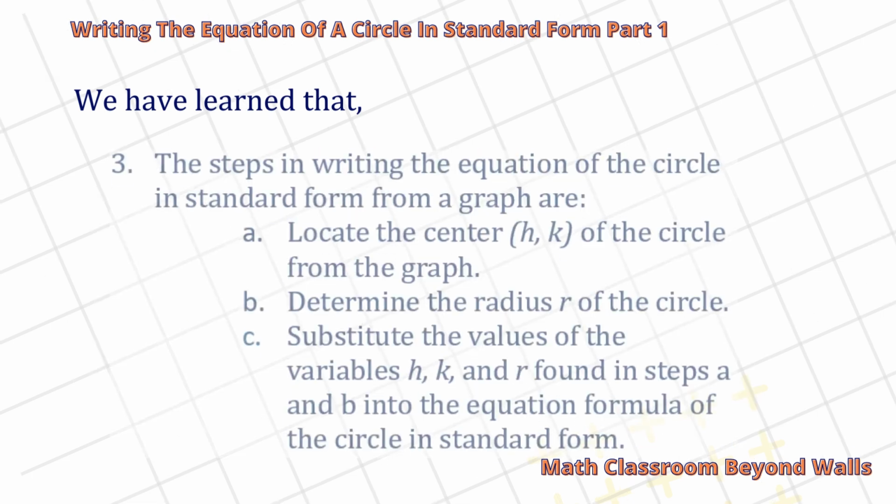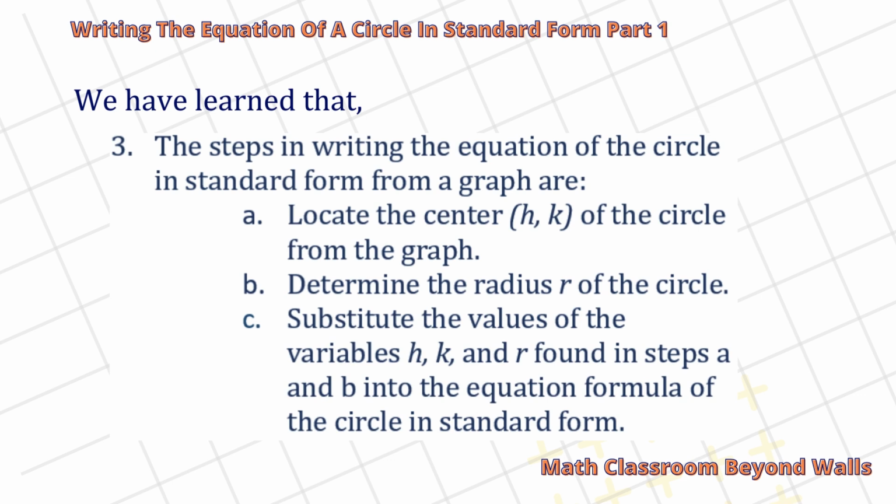Third, the steps in writing the equation of a circle in standard form from a graph are: locate the center h, k of the circle from the graph. Next, determine the radius r of the circle. Finally, substitute the values of the variables h, k, and r found in steps A and B into the equation formula of the circle in standard form.